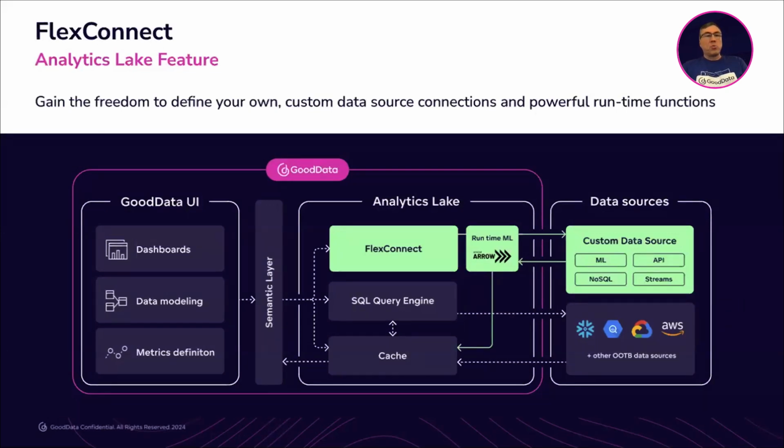We have about 20 out-of-the-box connectors that you can use to connect basically all the major cloud data warehouses and common databases. And now we are adding a new feature, FlexConnect, that lets you extend this list of data sources with additional data sources.